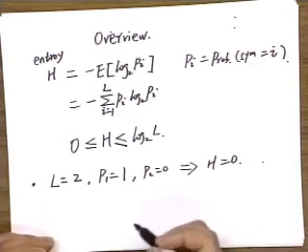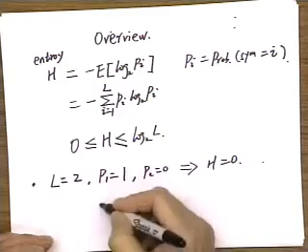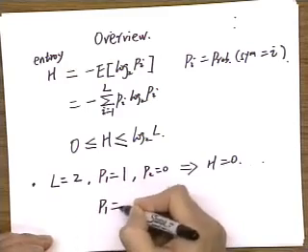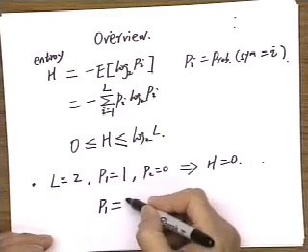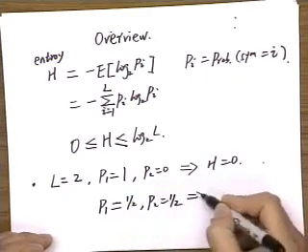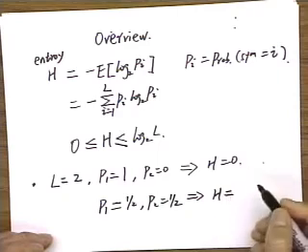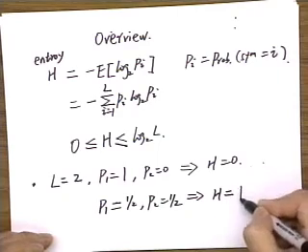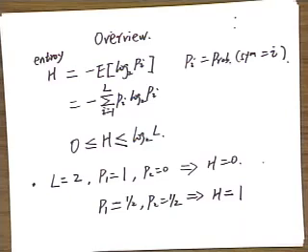And also, if the probability of the first symbol is 1/2, and the probability of the second symbol is also 1/2, the entropy reaches the maximum, which is 1. Because before receiving this message, we have no idea which symbol is more likely to appear.